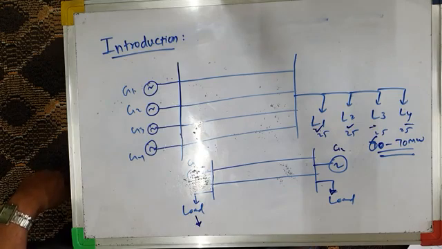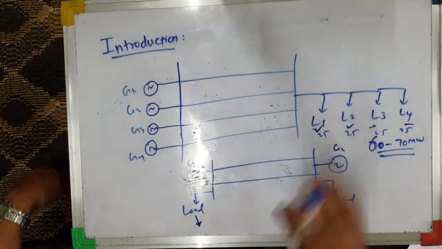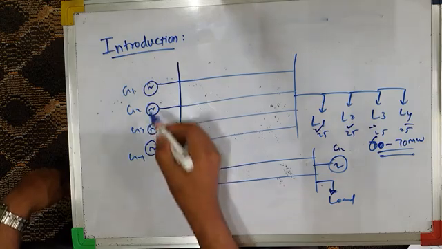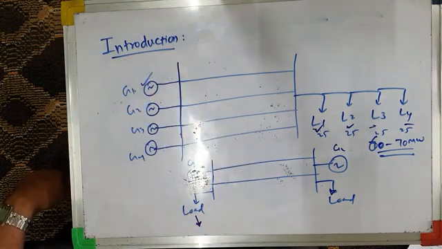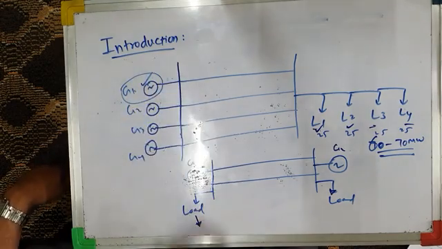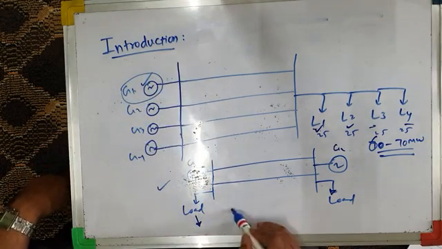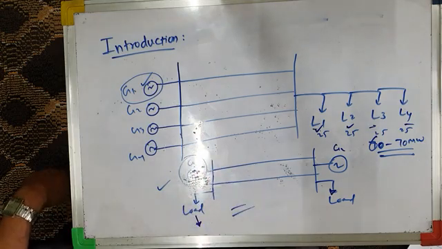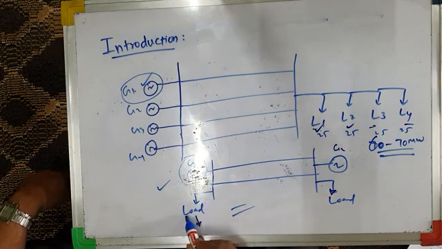This is one advantage of pooling the generators and loads, that is, interconnecting them. Another advantage is high reliability. Let us suppose generator G1 has developed some fault and has been shut down. Does it mean that this load will not receive any power?